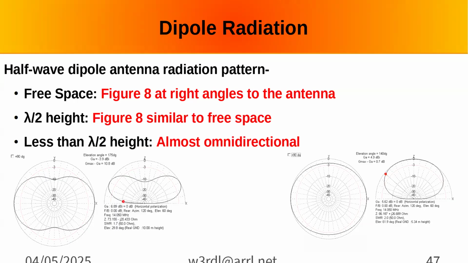And if you look at the vertical cross section, those lobes are what give you the takeoff angle. As you raise it, those are going to come down, but then you start getting additional lobes, and the size of that primary lobe is going to be smaller.